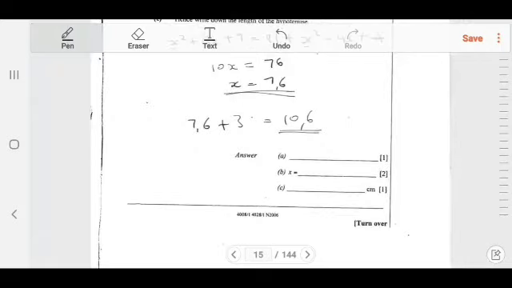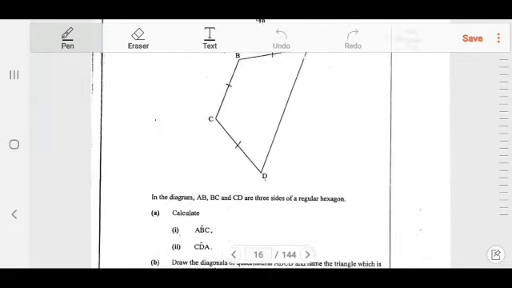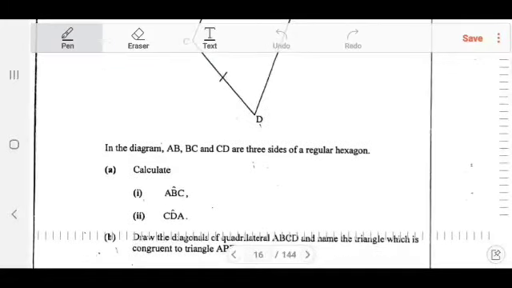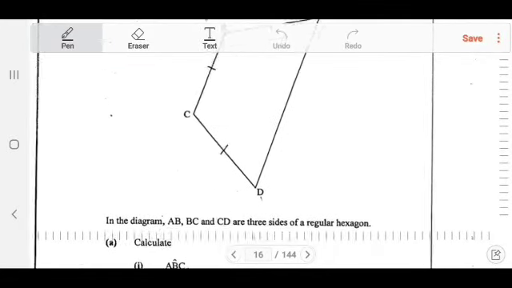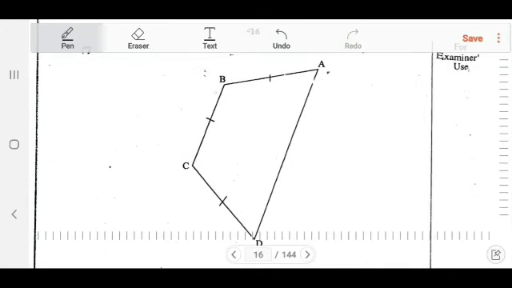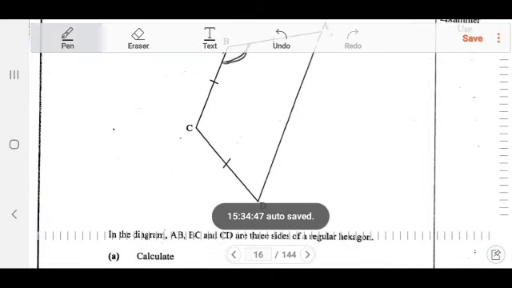Okay, now moving on to number 17. In the diagram, AB, BC, and CD are three sides of a regular hexagon. Calculate the angle ABC. Okay, so let's calculate the angle ABC. I want this one here.